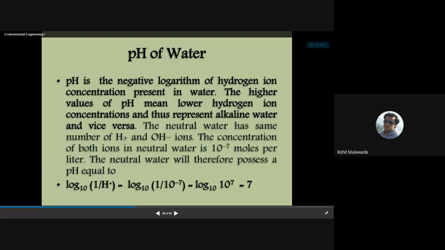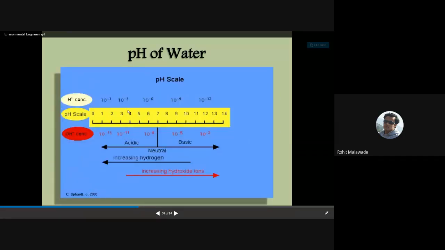An acid is a solution whose pH lies between 0 and 7. Then we call it acidic water or an acidic solution. If the pH of the solution is between 0 and 7, we call it acidic.